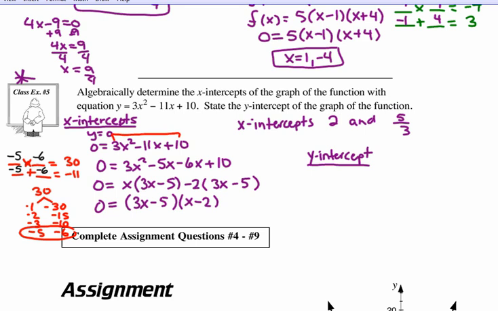If you're looking for y-intercept, x is 0. So is it easy to put x is 0 in there? 3 times 0 squared minus 11 times 0 plus 10. What would that come out to be? 0, 0 plus 10 is 10. Remember that last guy is always our y-intercept. So that means our y-intercept is 10.